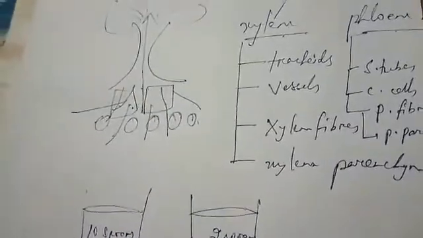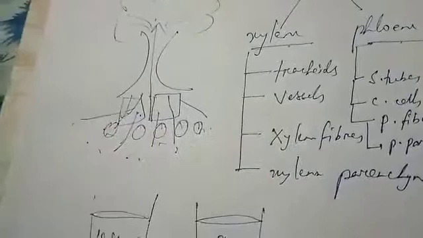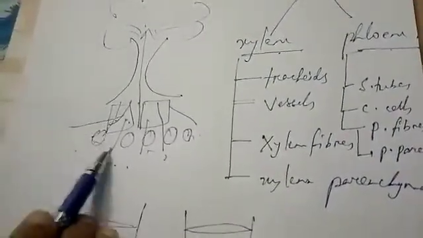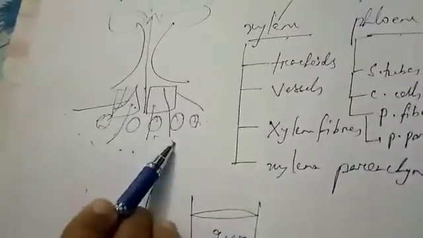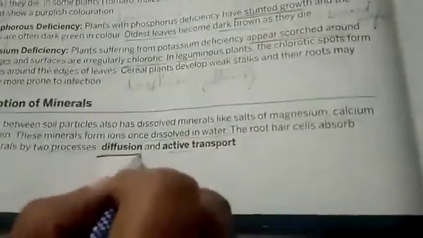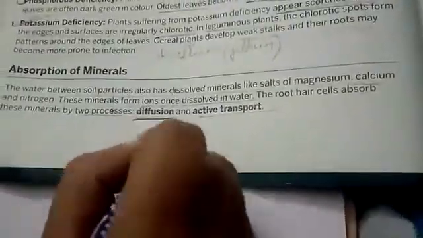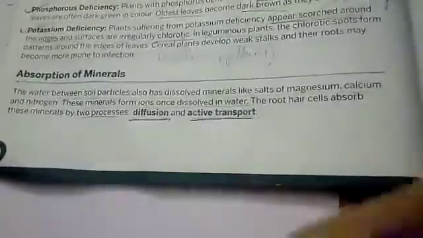And also sometimes when we put the minerals into the soil in the form of different fertilizers and manure, in that case what happens? The amount of mineral is more in the soil. In that case, by simple diffusion, the minerals will enter. So see here, the entry of minerals is by two methods. One is diffusion, one is active transport.